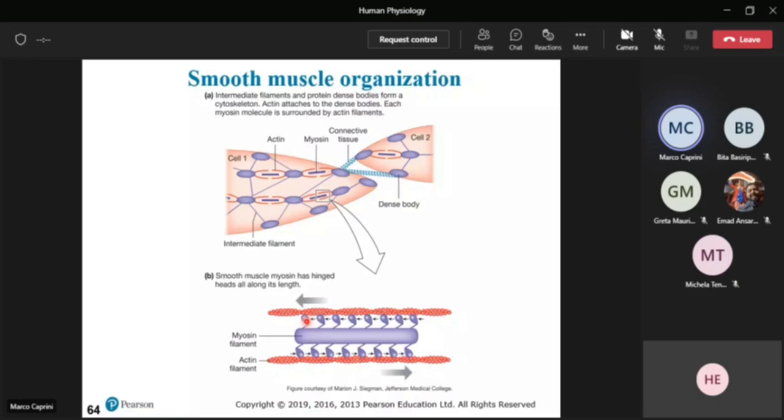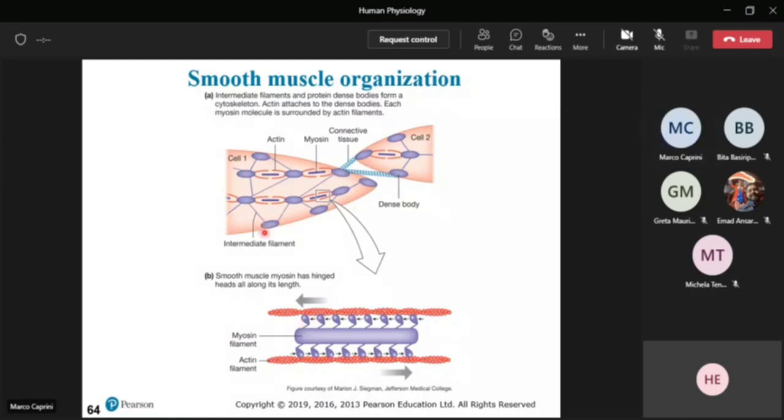In the same way, the myosin is a little bit different, I will tell you in a moment, but the filaments are more or less the same. Then the actin is attached to the dense body, and each dense body is connected by filaments.